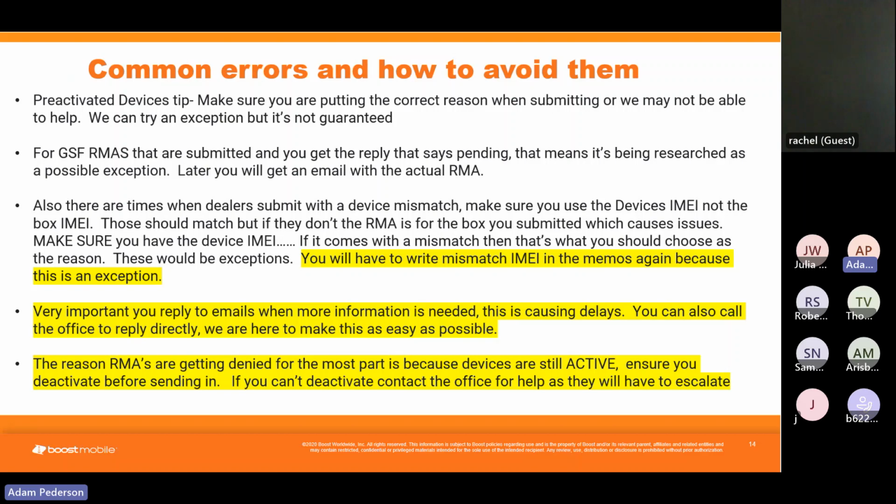The RMA needs to be for the phone you submitted. If it comes with a mismatch, you're going to have to write mismatch IMEI in the memos, because this is going to have to be an exception circumstance.